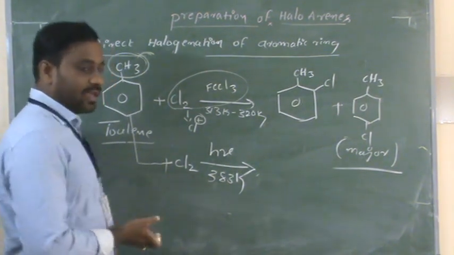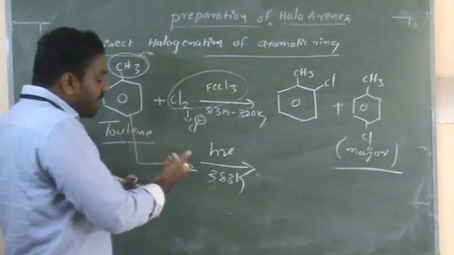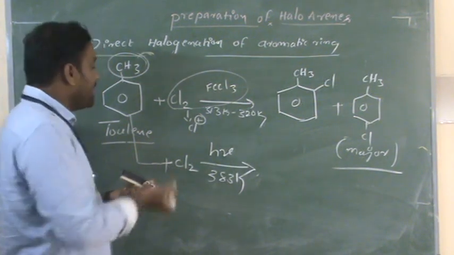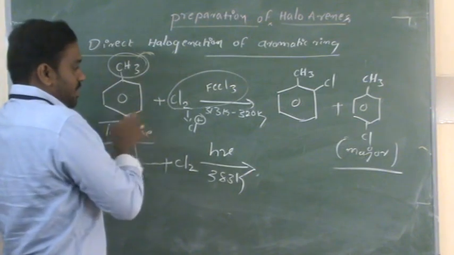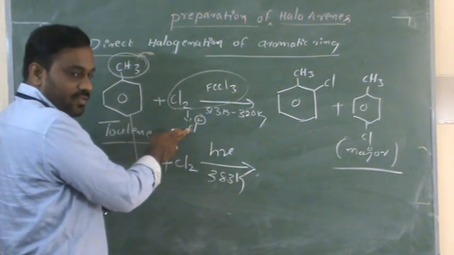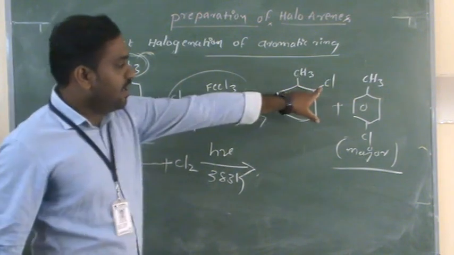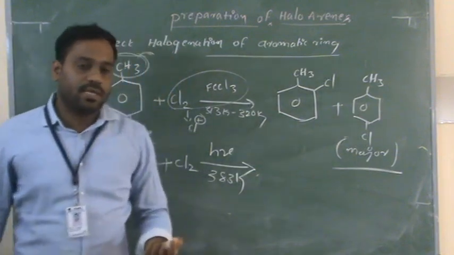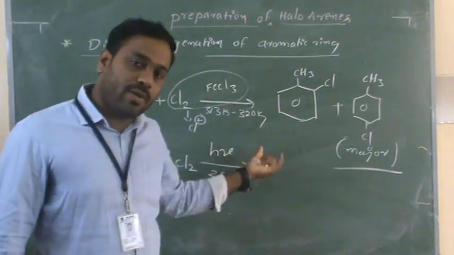If you maintain this condition, the halogen attacks not the aromatic ring. In the earlier case, the Cl+ electrophile attacks the ortho or para position, on the aromatic ring.